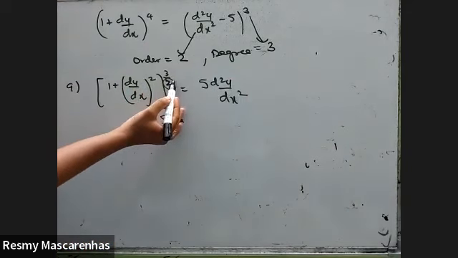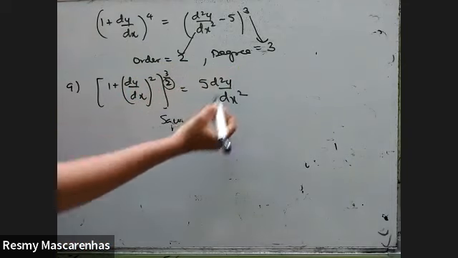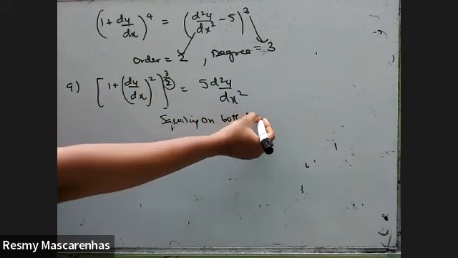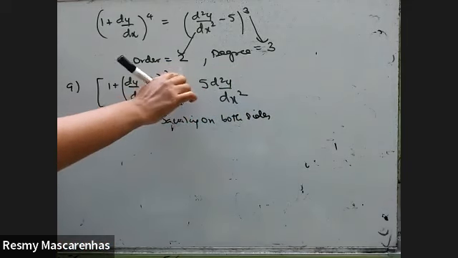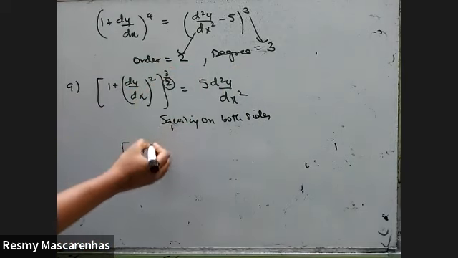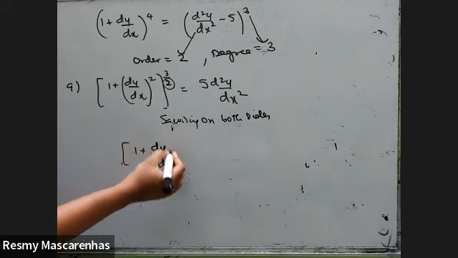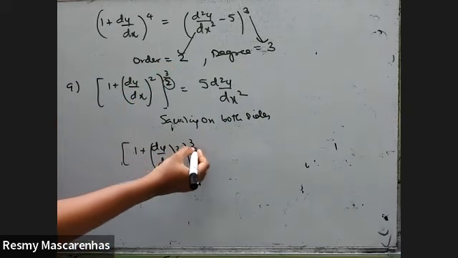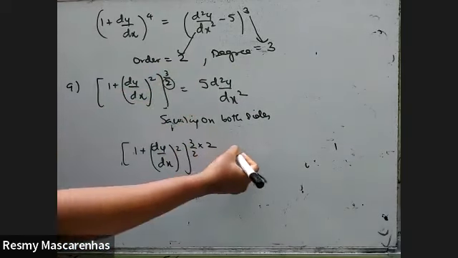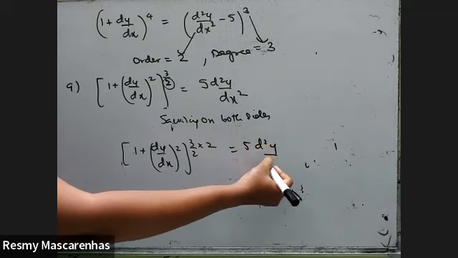If this was 5, we would have to multiply both the sides by 5. So now it is upon 2, so I'll just square it on both the sides, just multiply by power 2. If I'm powering this with 2, the other side also has to do the same.